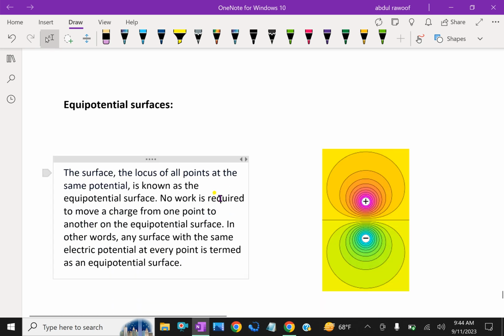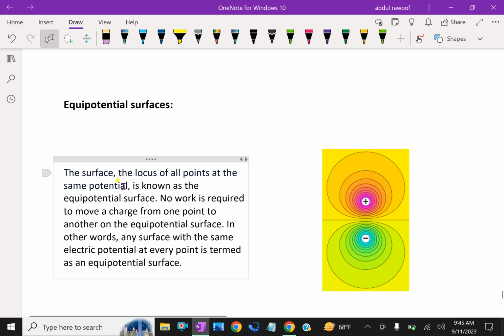Now, we will discuss equipotential surfaces. The surface, the locus of all points at the same potential, is known as the equipotential surface.